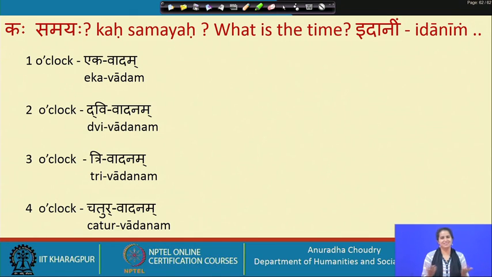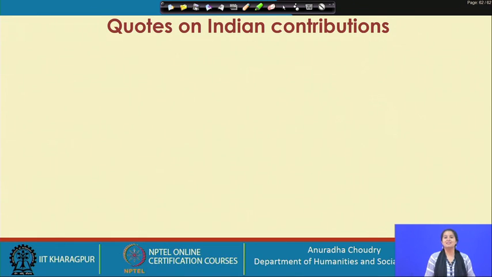The more you practice it, the more natural it's going to be for you. And coming to a quote on India which talks about the important contributions that India has made in the domain of numbers. One of the very remarkable facts of the Indian culture, especially if you look at Indian mathematics, is that they have conceived of numbers as large as 10 to the power 421.